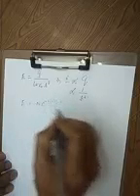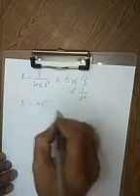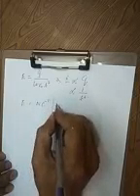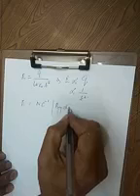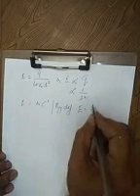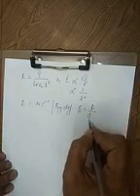Its dimensional formula can also be derived by its definition. By its definition, we can write E is equal to F upon Q naught.